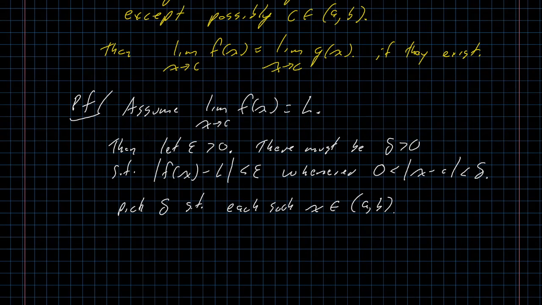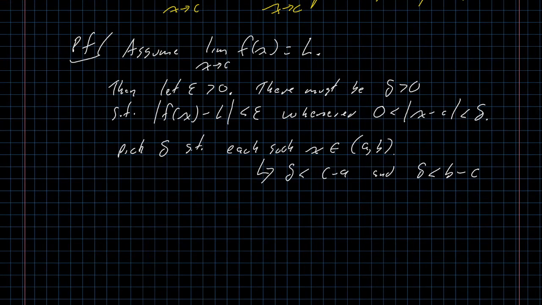Another way of saying that is that we have to pick delta so that delta is less than c minus a and delta is less than b minus c. All right, the distance from c to either end of the interval is smaller.